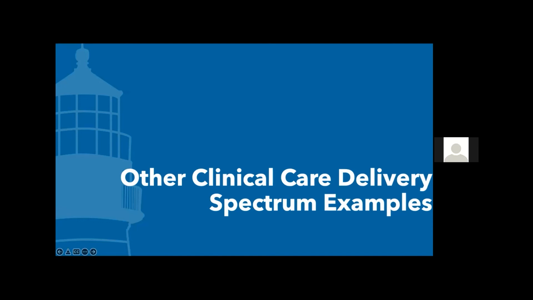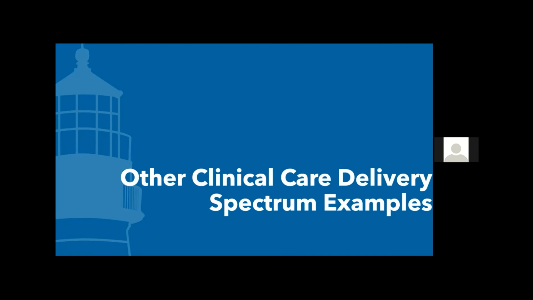So I know we've talked about swing bed and developing this clinical care delivery spectrum for your swing bed patient population, but this is very applicable, as I mentioned before, to your acute patients, your observation patients, any level of care patient.